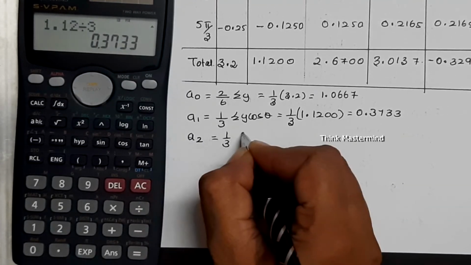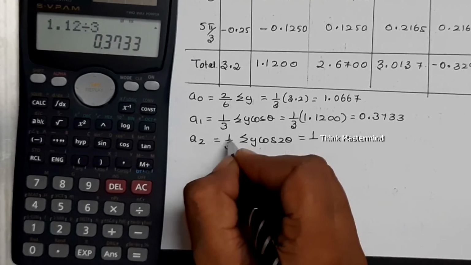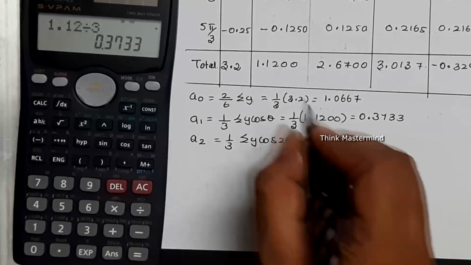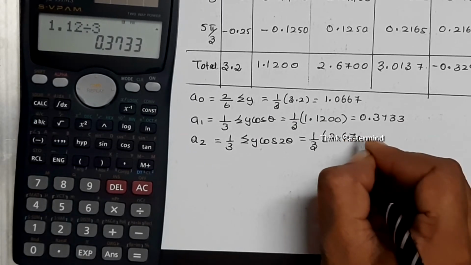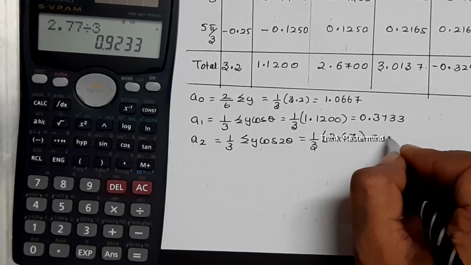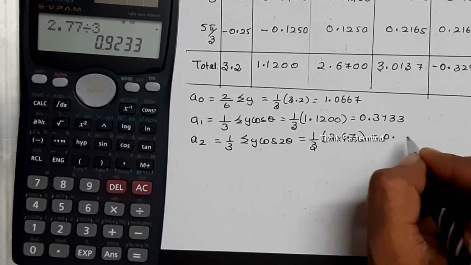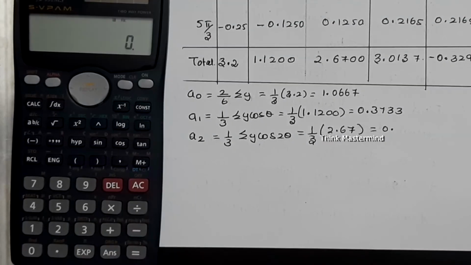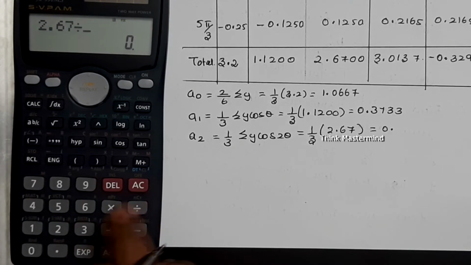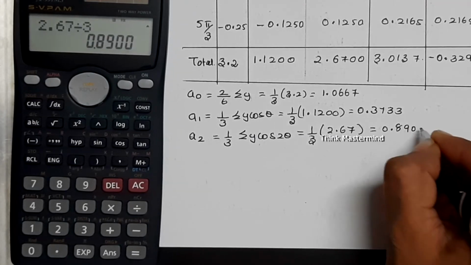Similarly A2, 1 by 3 times of summation y cos 2 theta, that is equal to 1 by 3 times of 2.6700, that is equal to 2.67 divided by 3, that is equal to 0.8900.